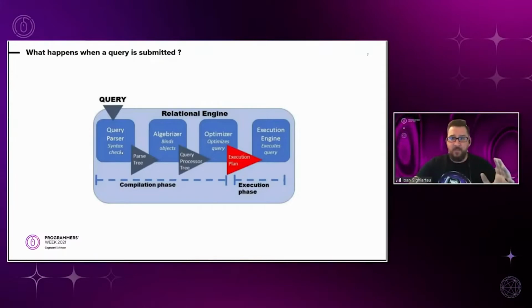But if everything is okay, you have been careful with your spelling and you introduce commands that are recognized by SQL Server, a parse tree is going to be passed to the next process, which is the algebraizer. The role of the algebraizer is to bind the objects. Basically, it takes the query, takes a look at all the objects that have been referenced, tables, columns, indexes, whatever you have placed there, and it makes sure that these objects exist. An exception to this rule might be when you create a stored procedure.